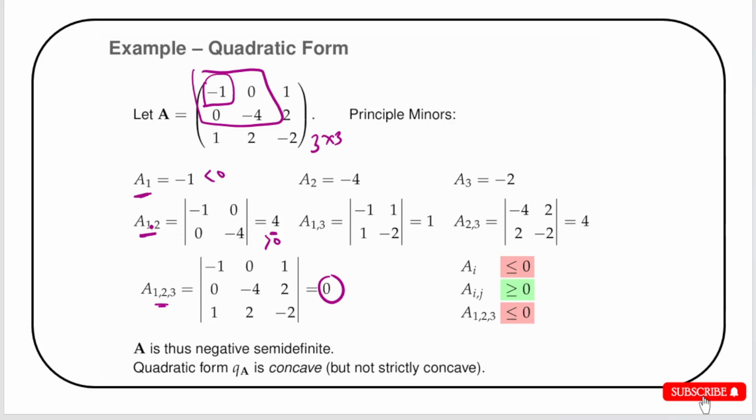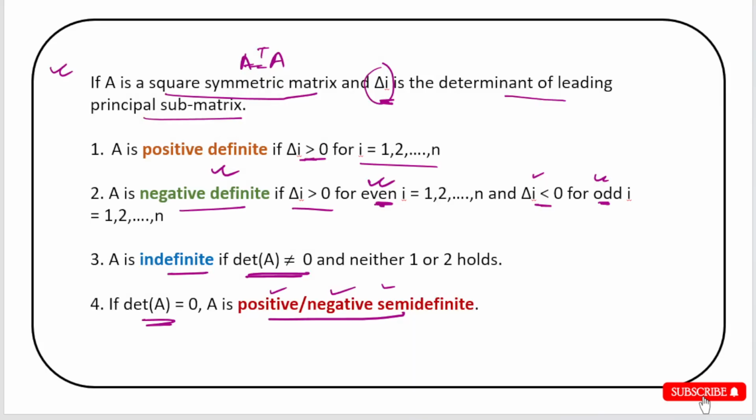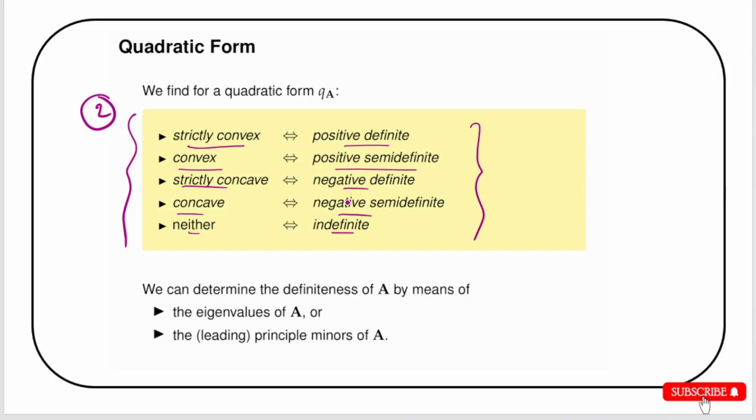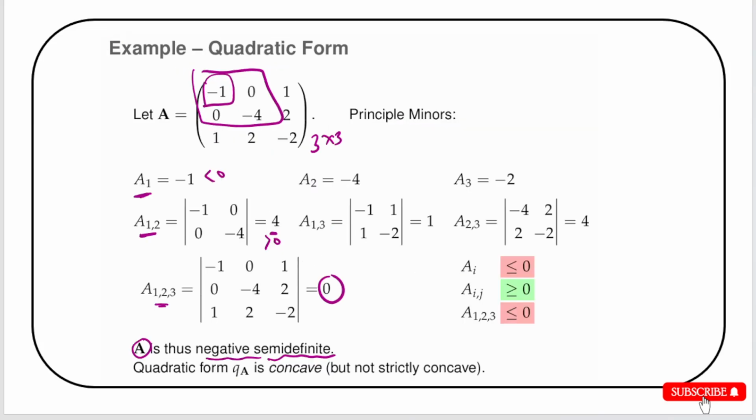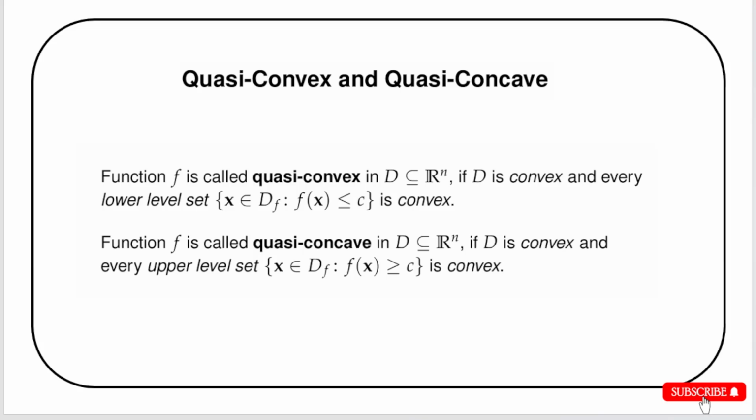For the even term, the second principal minor is positive, and the third principal minor is 0. So matrix A is negative semi-definite, and if you go back to the chart, for negative semi-definite, the function is concave. So the conclusion will be that the quadratic form QA associated with this matrix is concave but not strictly concave. I hope you understood the process.